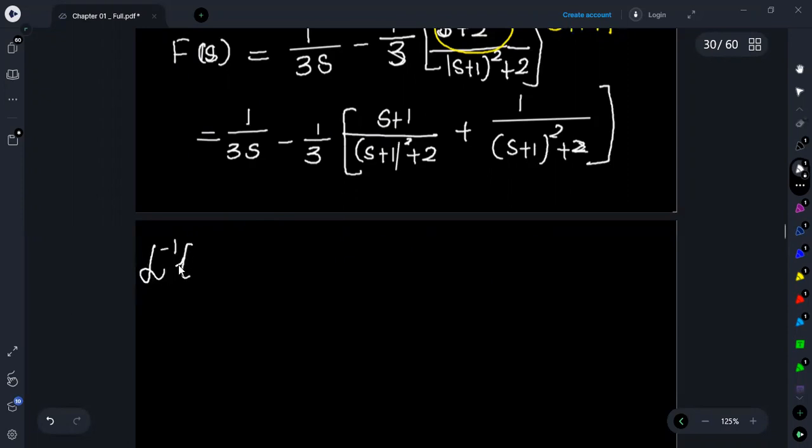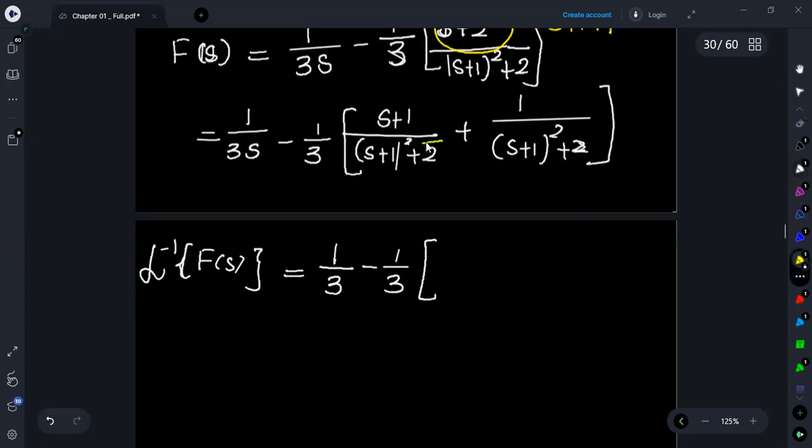Inverse of capital F of s, this is equal to, if it is 1 over s, then the respective function is 1. But here we have 1 over 3s. So that means the inverse is 1 over 3 and minus 1 over 3 times. Here, if it is only s over s squared plus 2, we can rewrite this 2 as square root of 2 to the power 2.